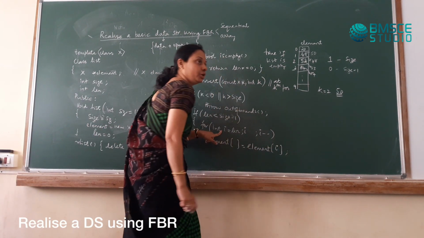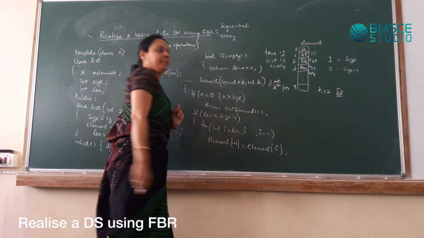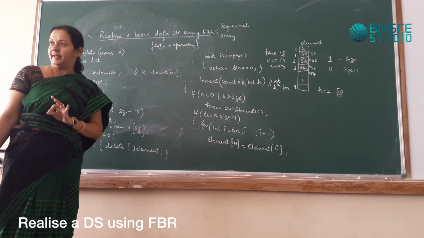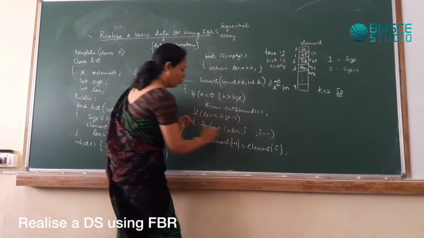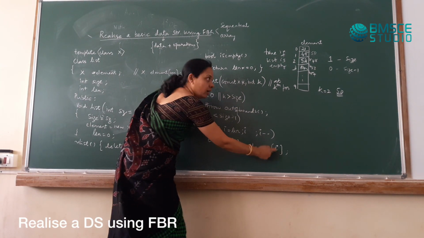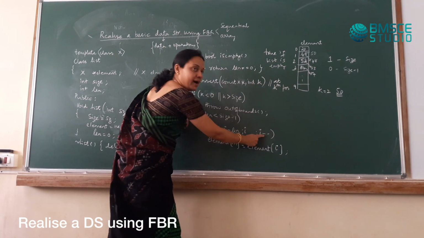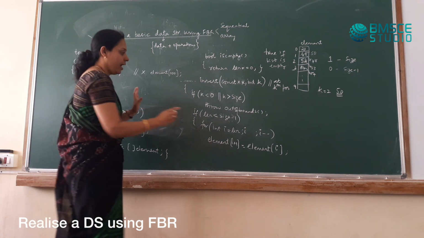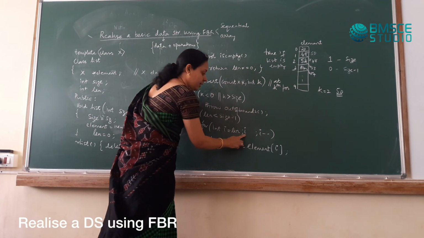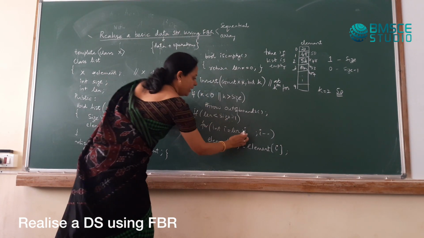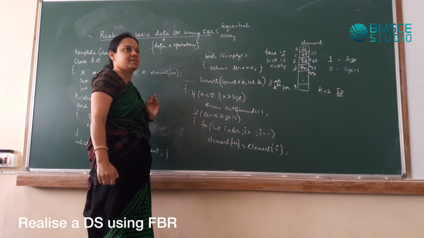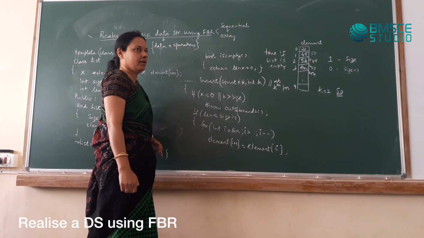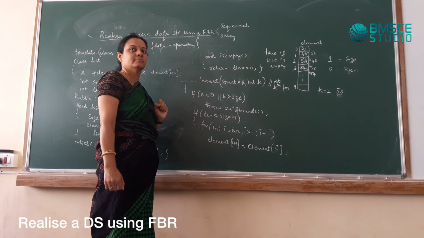Element of I should go to I plus 1. Now you bring in the concept of 0 to size minus 1, 0 to length minus 1 and everything. Is this clear? Whatever you find in length, push it to the next one. Next time, I minus minus. How long do you do that? Now you can discuss among yourself and tell me an answer for this. It won't be zero. K plus 1.